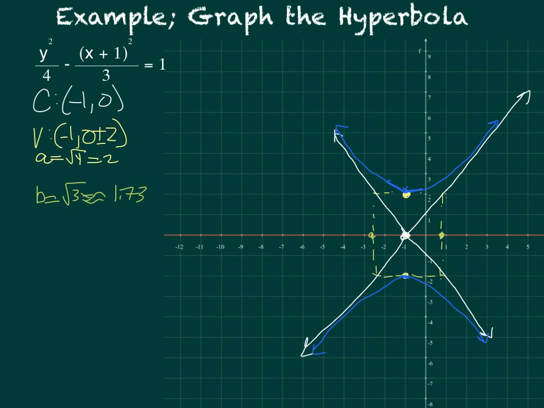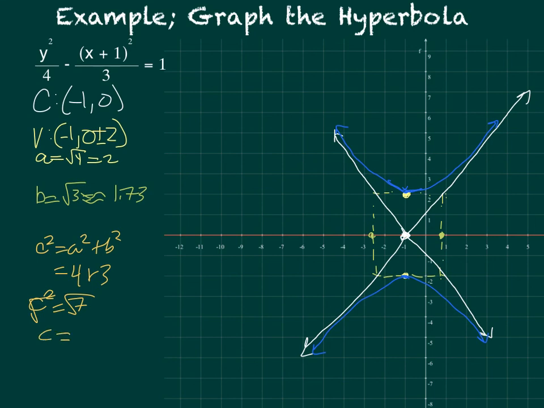And then finally, I want to indicate where my focus points are. My focus points are going to be matched up with my c. C squared equals a squared plus b squared. So c squared equals 4 plus 3. Take a square root.